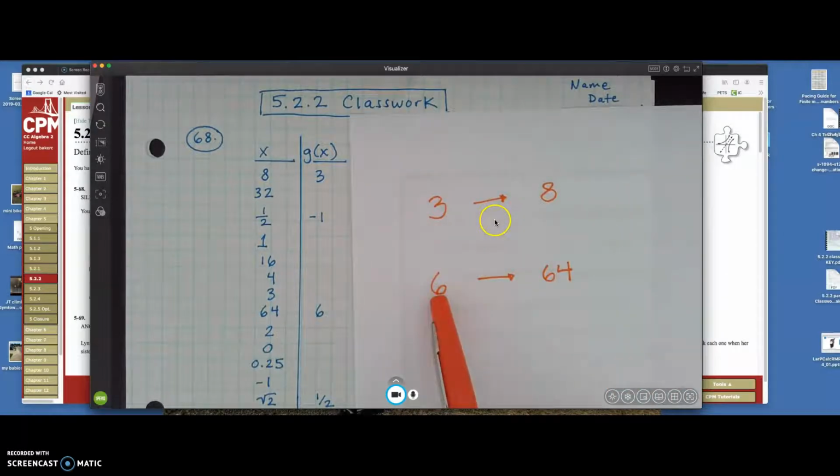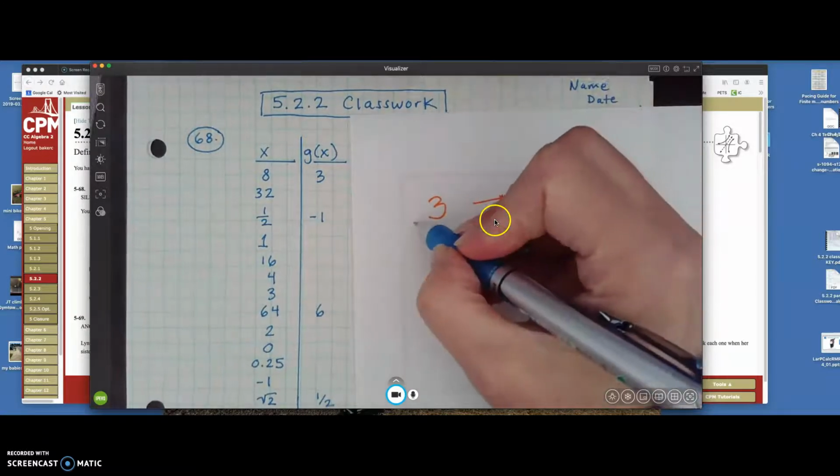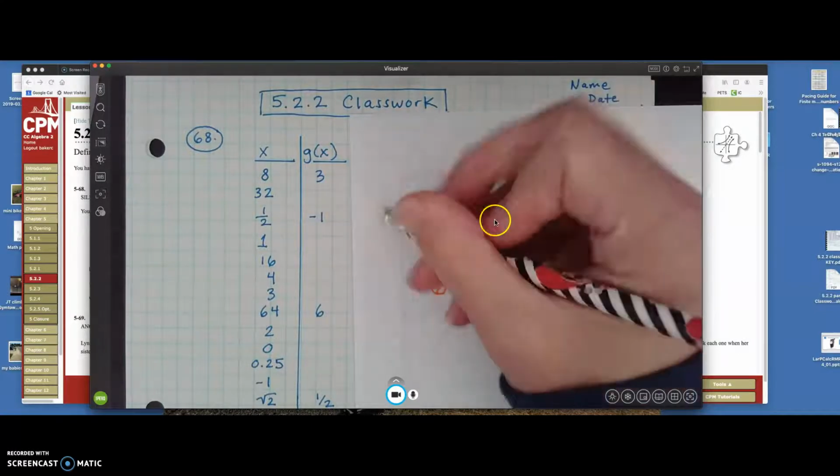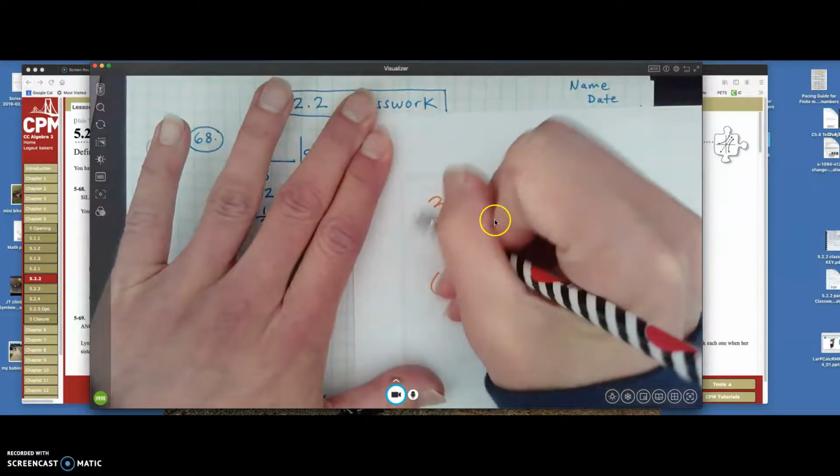What would the base have to be for the 6, if that's an exponent, to get 64? I'm just going to try 3. What is 3 to the 3rd power? Well, that's 3 times 3 times 3, so that's actually 27, so a little bit too big. Okay, so then I try 2.